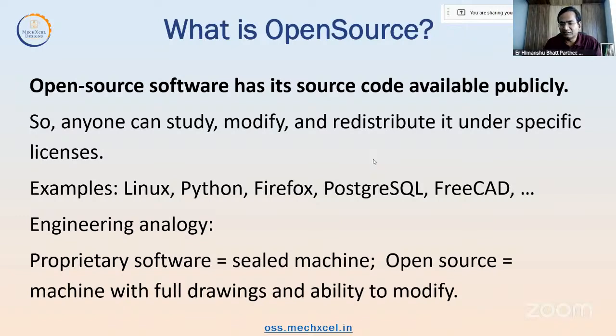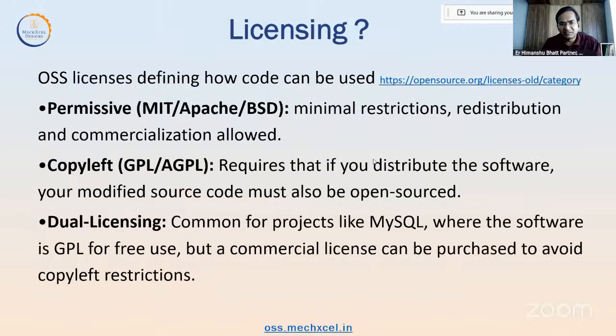So now you can understand that open source tools may be free, may not be free, but in 99% of cases, open source tools are always free. That is why it is called FOSS, free and open source software. There are various licensing terms even for open source software, some very permissive and different types of copyleft.